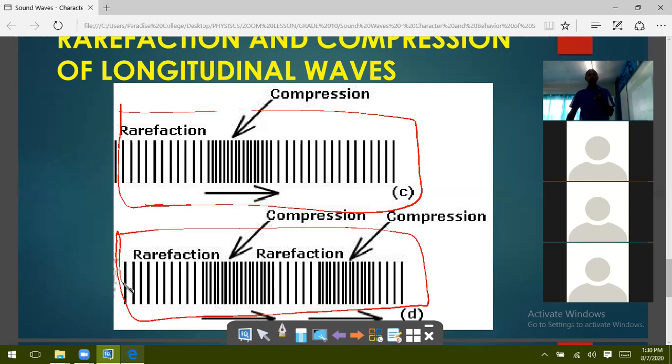So you can tell the difference between a longitudinal wave and a transverse wave in terms of representing them in a sketch like this. What we have is a longitudinal wave. Transverse waves look like that. That's the difference. Okay with you?